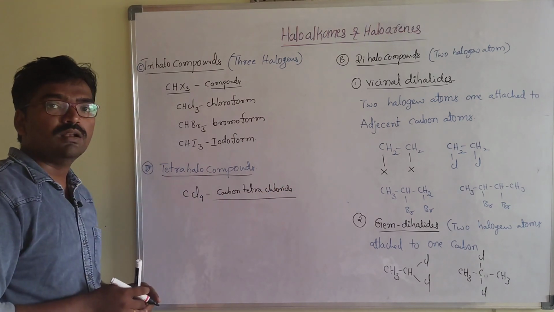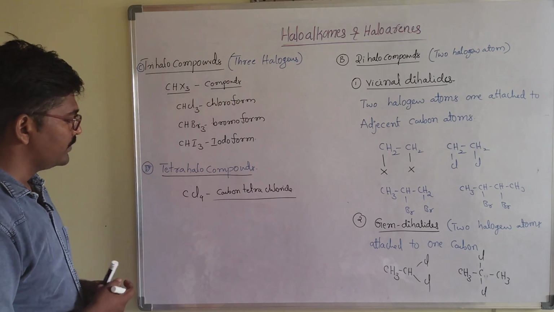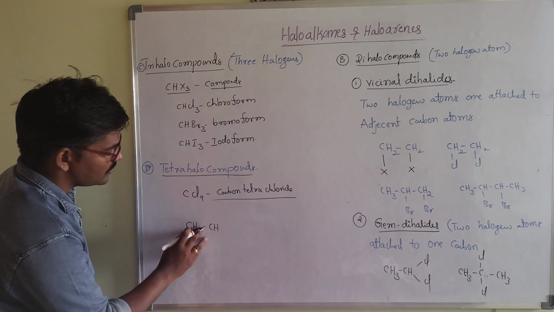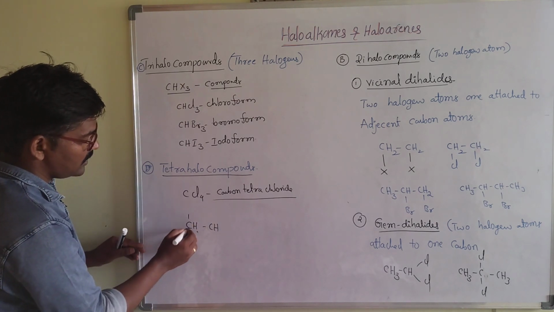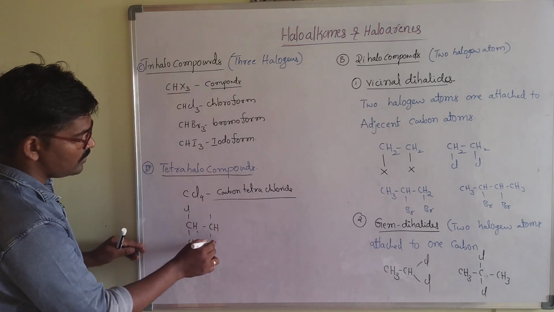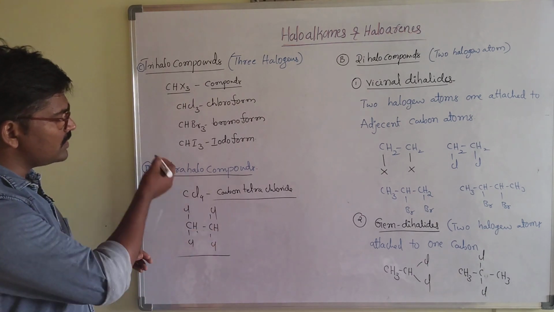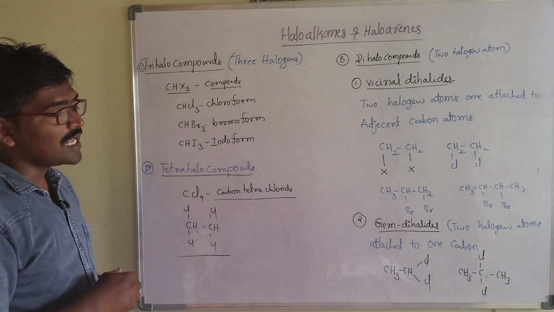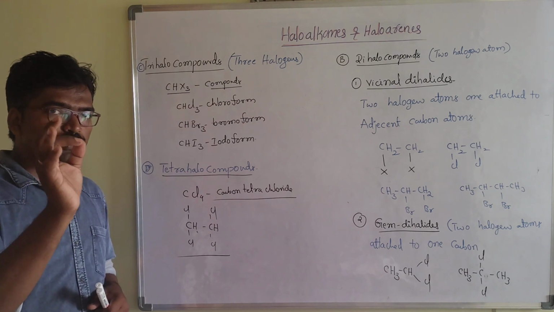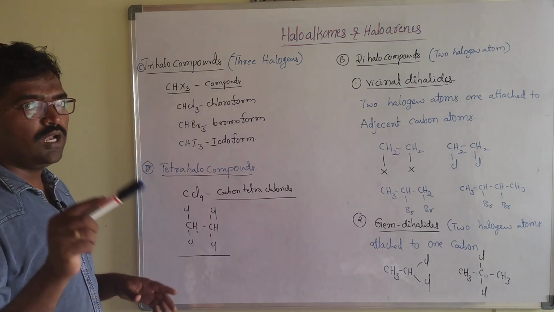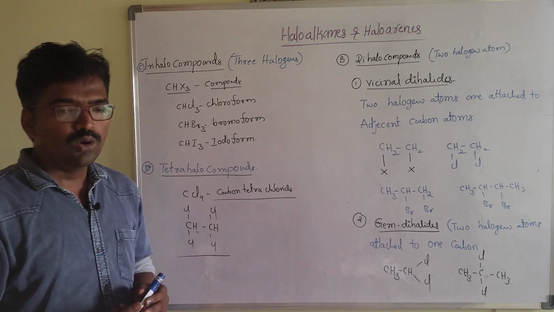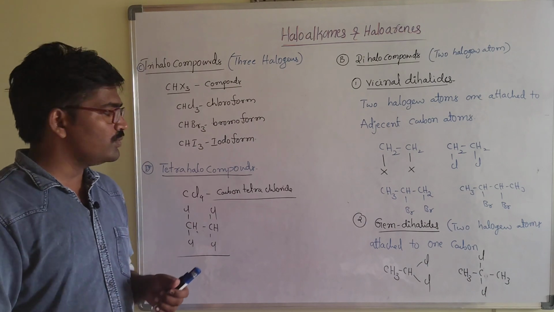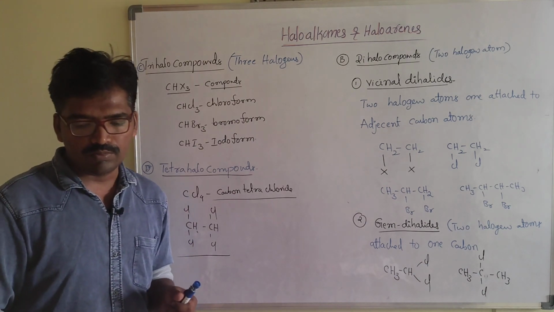Another example is CH2 bond CH bond CH with chlorine atoms at the positions shown; this is also a tetrahalo compound because 4 halogen atoms are present. So this is the classification based on the number of halogen atoms: 1 halogen atom, monohalo; 2, dihalo; 3, trihalo; 4, tetrahalo.